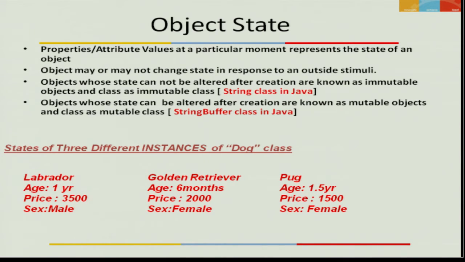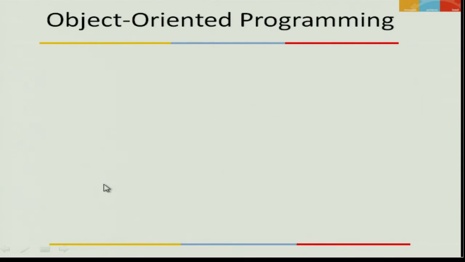So these values, like Labrador 1 year, 3,500 rupees, and male or female, actually mean that this object has a particular state. And if you change the age from 1 year to 1.5 year or 2 year, then we say that this object's state has been changed.